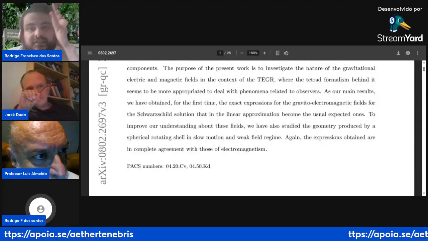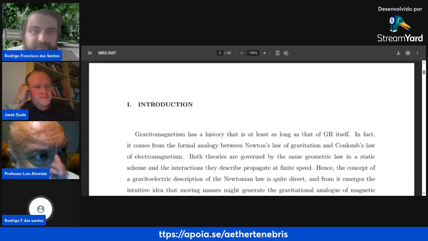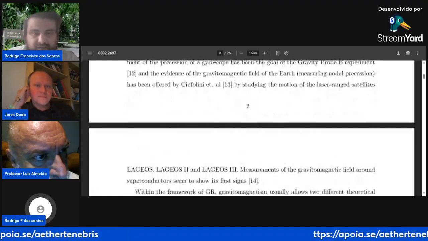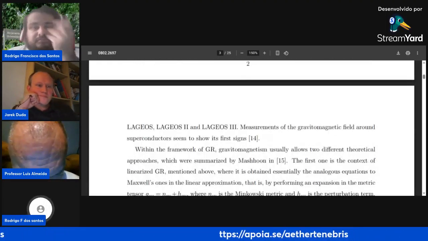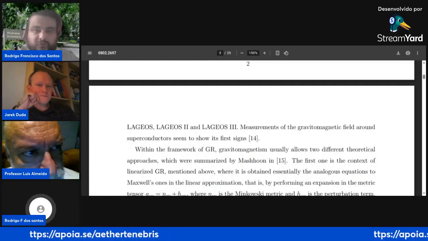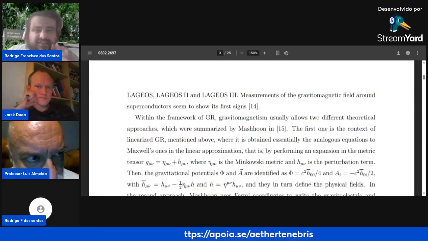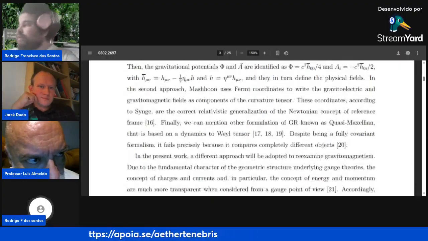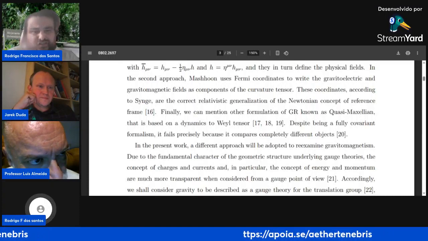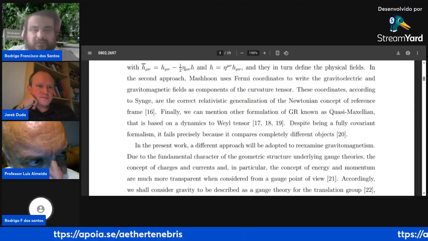This is the principal reference in gravitomagnetism. And your work inspired me to read this work on gravitomagnetism and generated a synthesis of your work, professor, and this work.